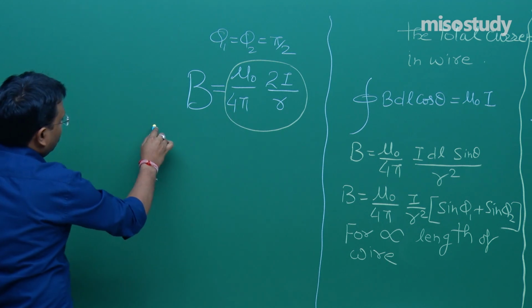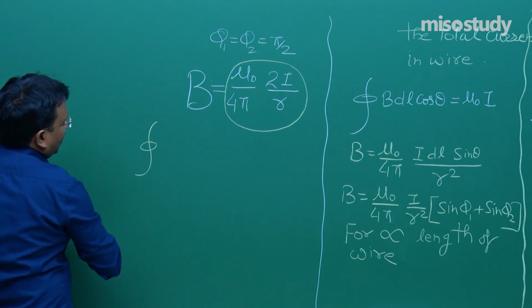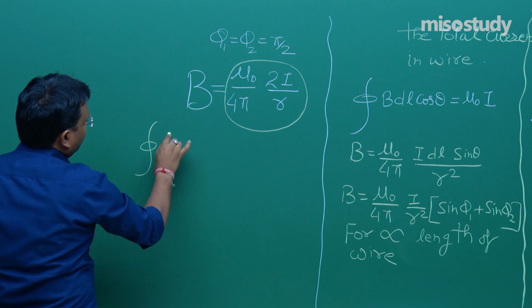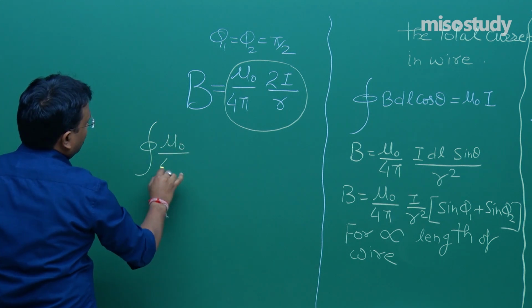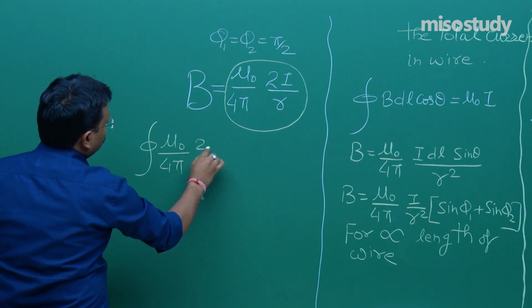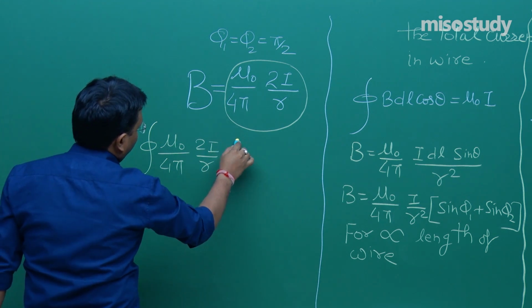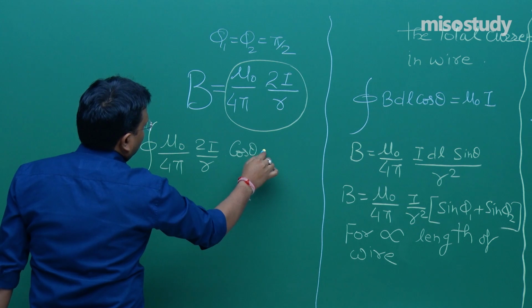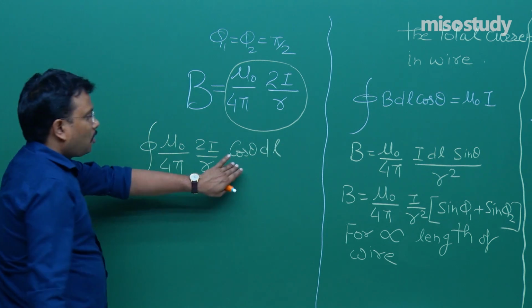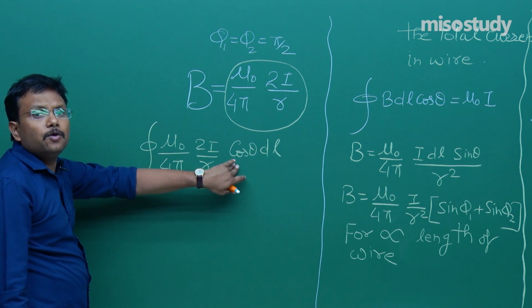So from here we will say, phi, rather than B, I will write mu naught upon 4 pi, 2I upon r into cos of theta and dl. Now for cos of theta, you can say the plus minus value is 1.